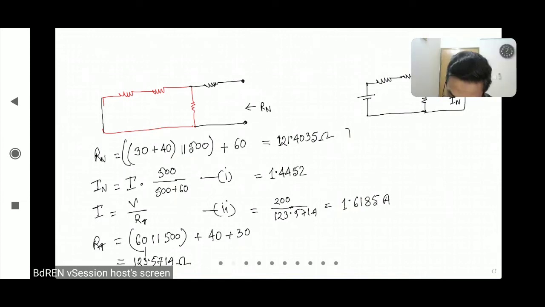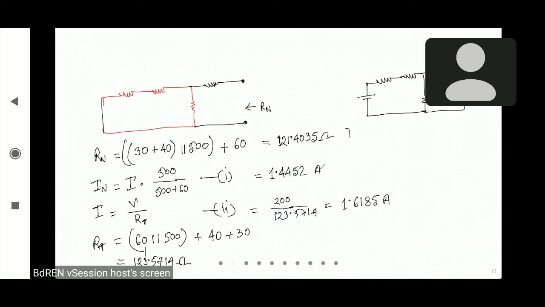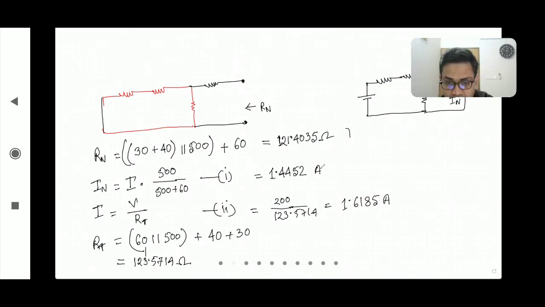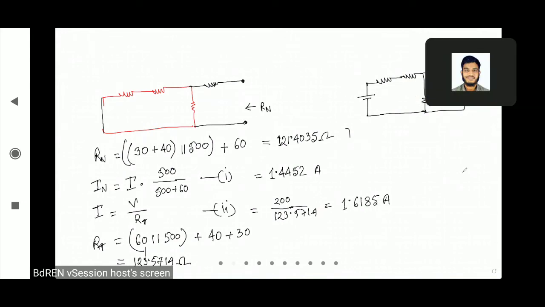Is it the same answer for all of you as well? Yes, sir. Any other results or values? Anyone? Sir, IN is equal to I into Rn divided by Rn plus RL, isn't it?